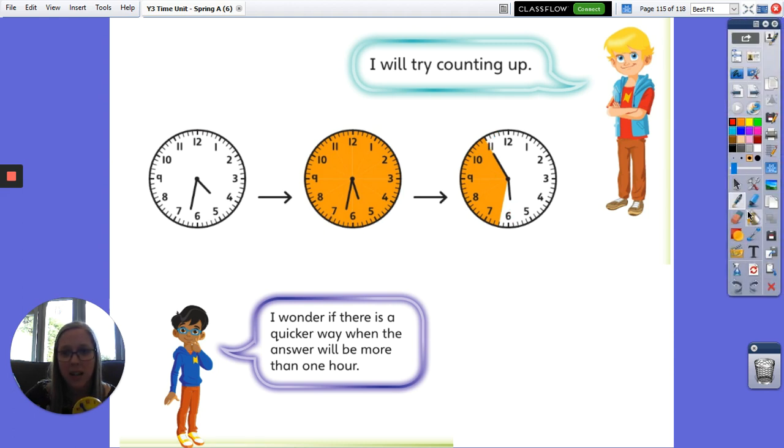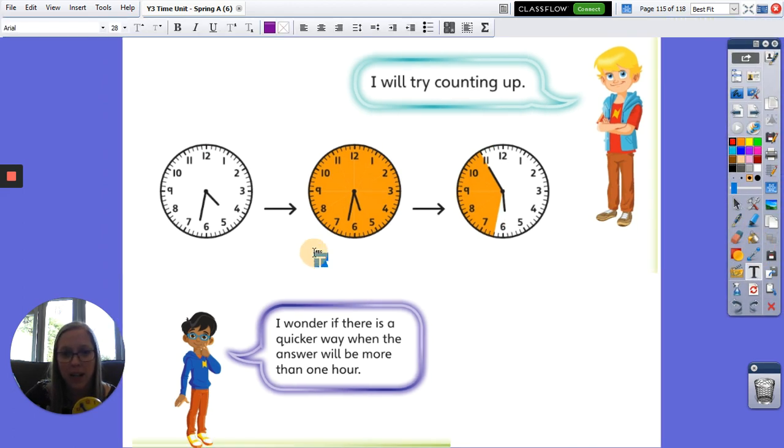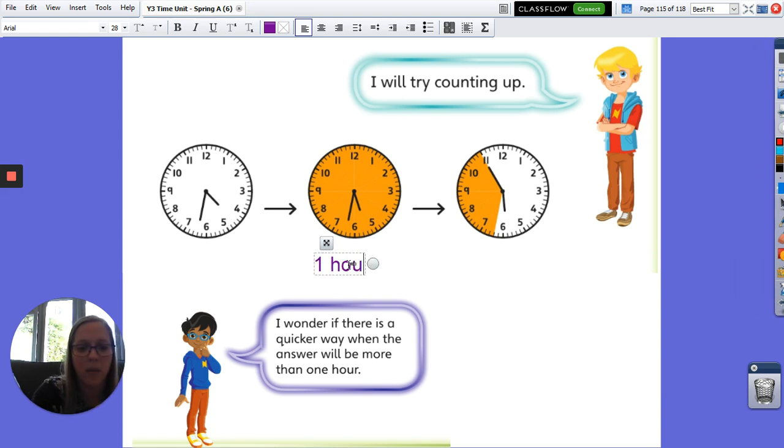So this is, I'll type it because it'll be neater, 1 hour. And this was 23 minutes. So what was the total duration of time that the farmer was collecting the eggs for? That's right, 1 hour and 23 minutes.